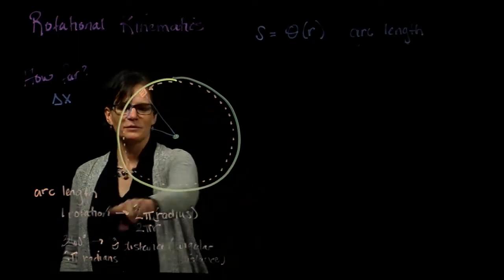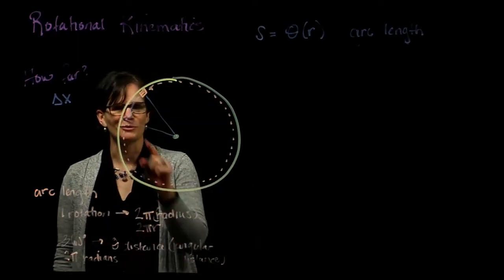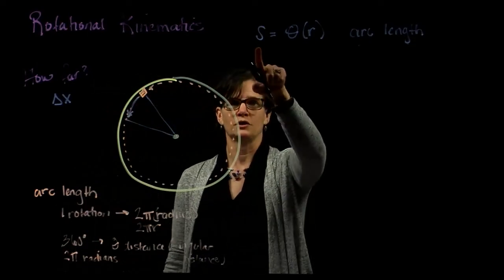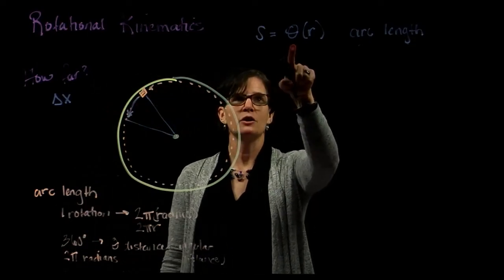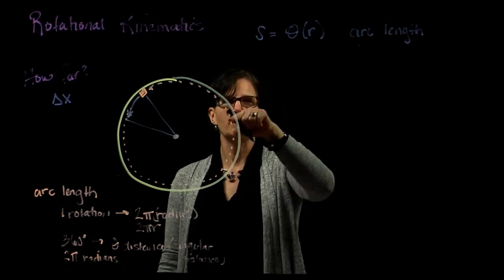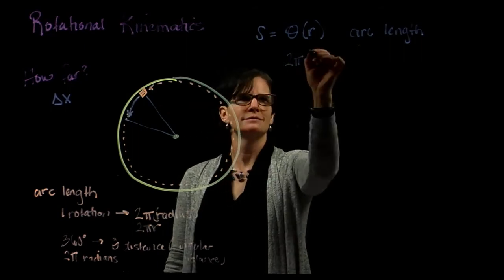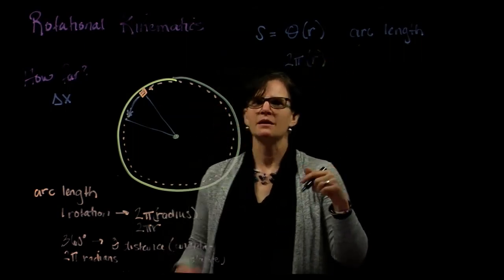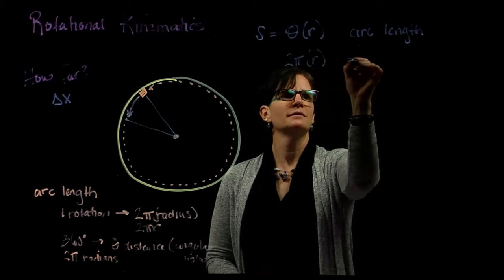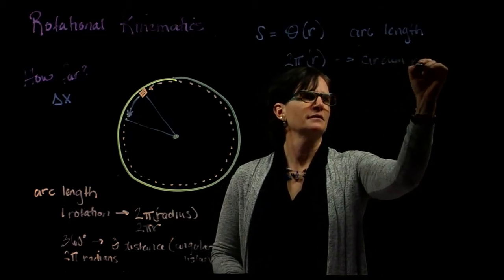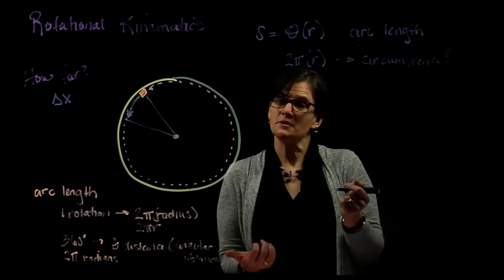Well, how does that relate to our situation here when we looked at a full circle? Well, let's look at that. So for a full circle, the angle it goes through, 2 pi times the radius, gives me the arc length, which is the circumference. So it works, okay?